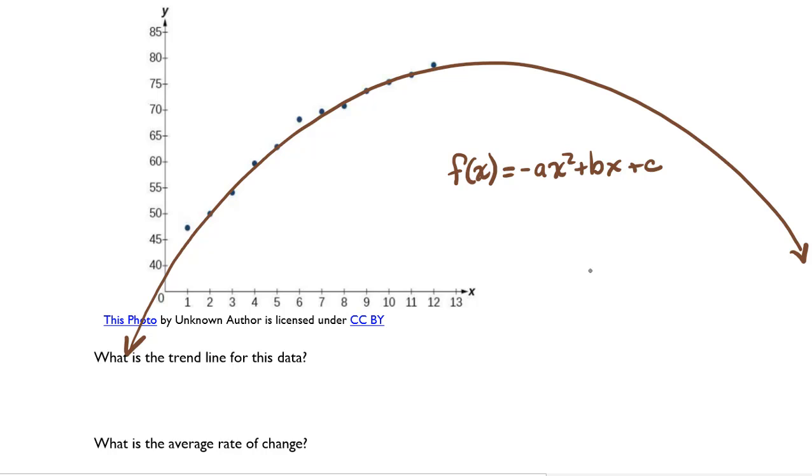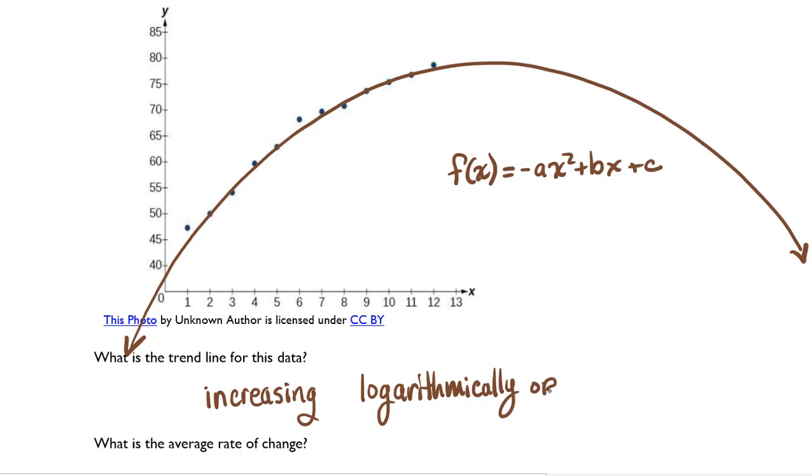Now we are not going to be able to calculate a trend line other than to say the data is increasing. And it looks like it's increasing either logarithmically or quadratically.